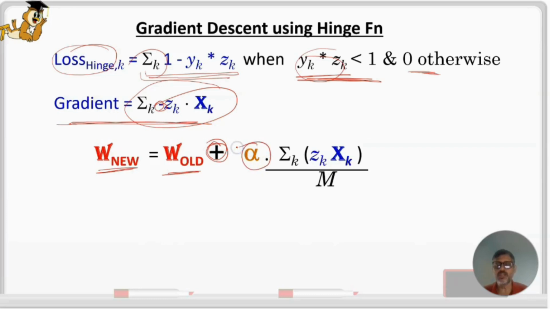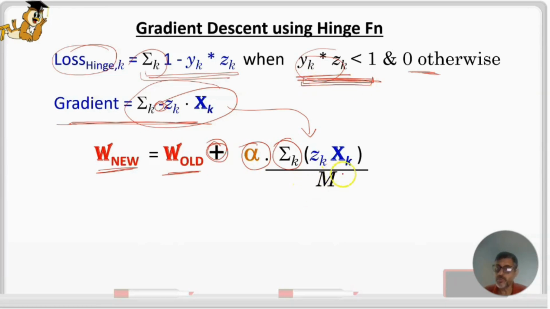Alpha is the small step size that we've always been talking about, and then the gradient comes over here. Okay, and this is summed up over all the k's where your margin was less than 1.